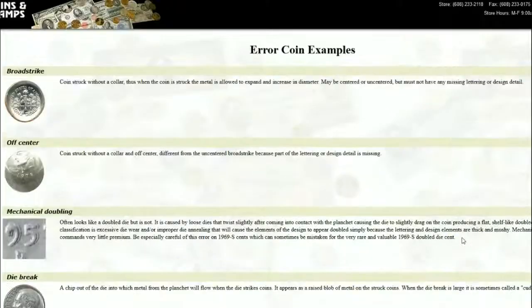Very, very interesting indeed. Whereas with a variety, you may find a Morgan with 7 tail feathers, and you might find another variety with 8 tail feathers. That's an intentional variety. You may find the Type 1 1913 Buffalo Nickel, and then the Type 2 1913 Buffalo Nickel, two different varieties there, or types.